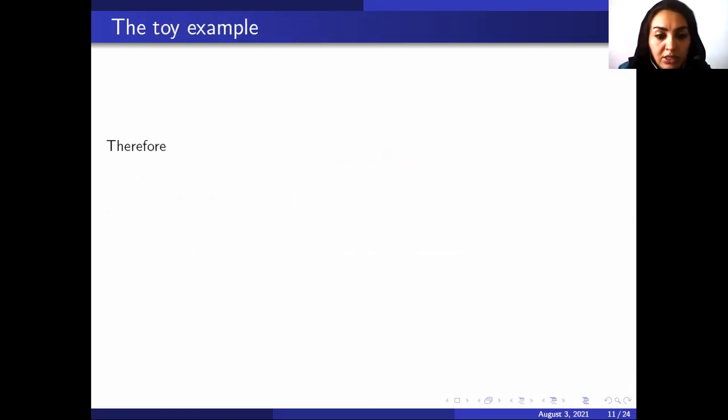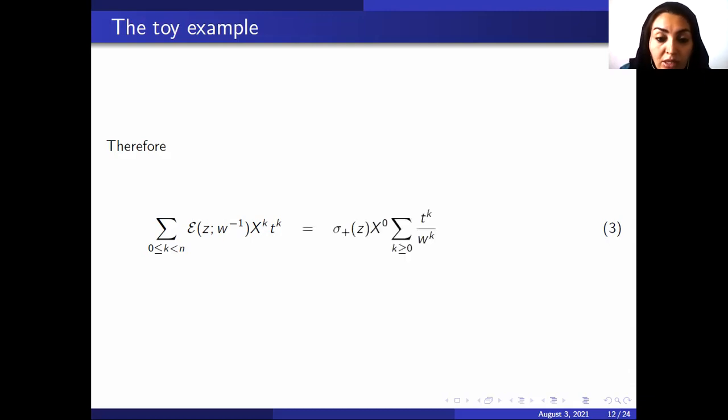Now we have sigma ECW minus 1 xk tk is equal to, by the notation I explained, sigma plus dx0 multiplied by this summation. Sigma tk over wk is a geometrical progression, so we have this relation times sigma plus z.